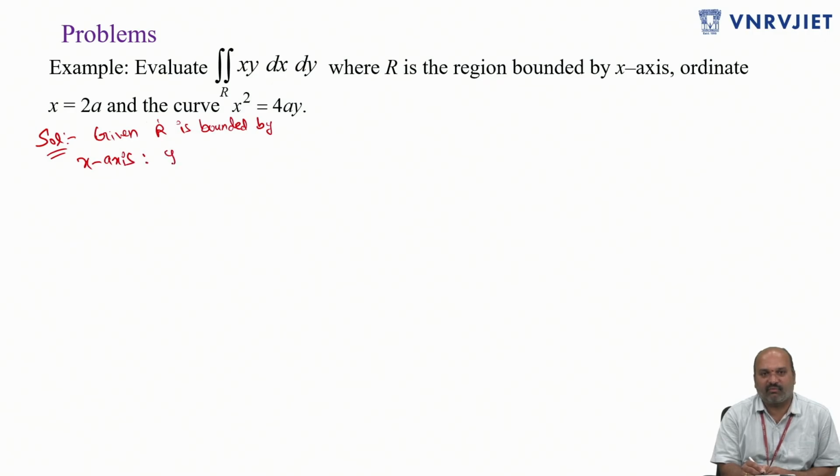X-axis is nothing but y equals 0, and the line x equals 2a, and the parabola which is x square equals 4ay.